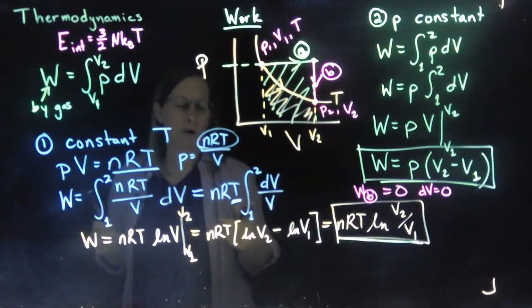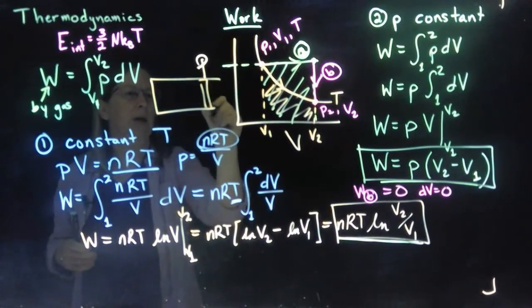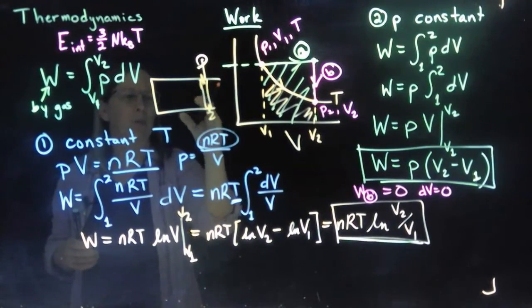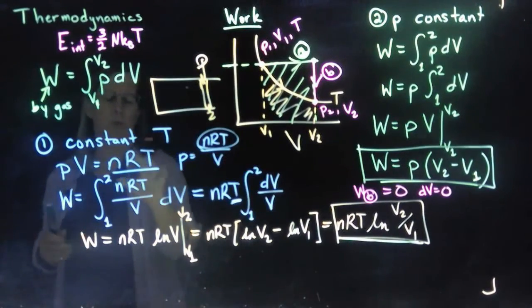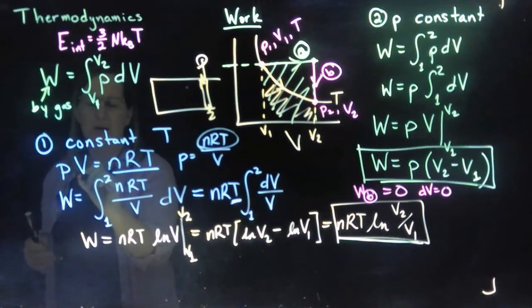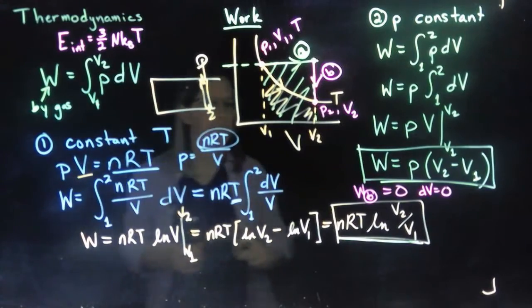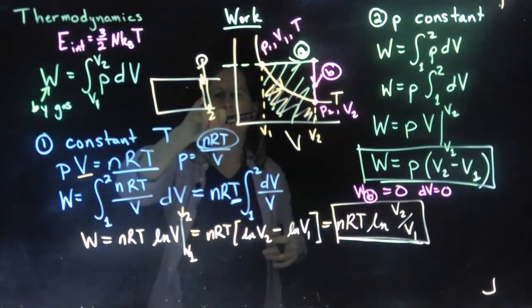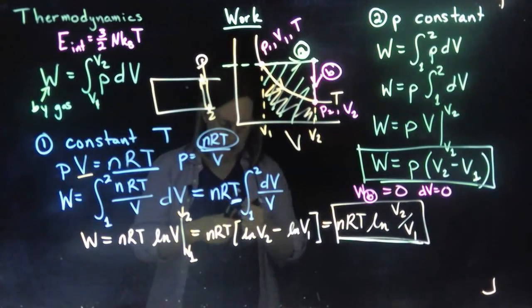Once it's expanded to point 2, we can lock it in place with a pin or something like that, and then lower the temperature. With PV equals nRT, if V is fixed and we drop the temperature, then we're obviously going to drop the pressure because we're lowering the kinetic energy. We don't have as high a speed, so we don't have as high momentum exchanging with the walls to have as high a pressure.